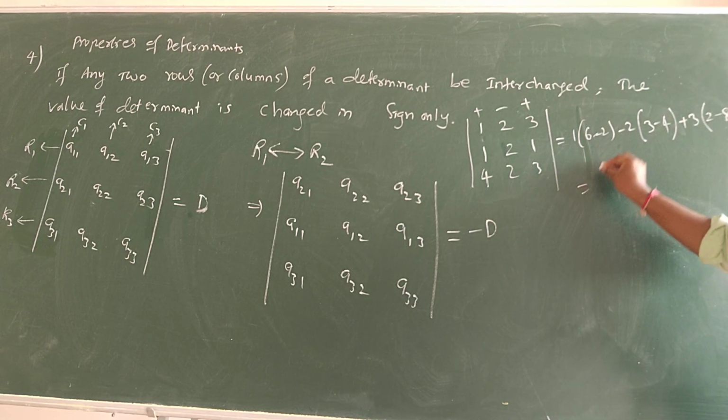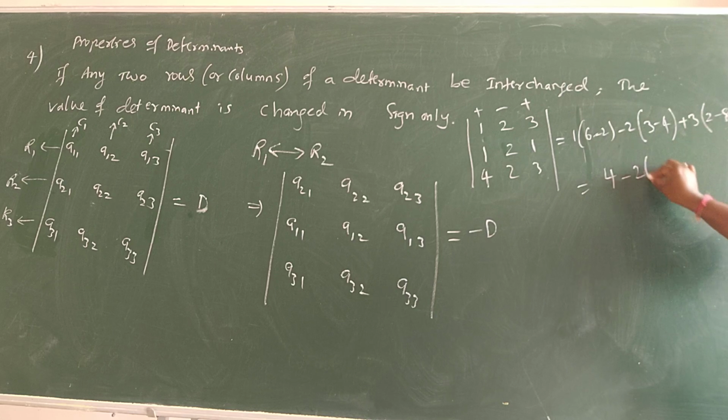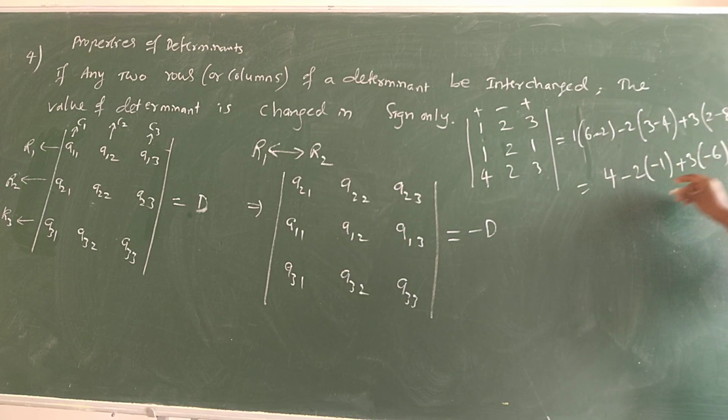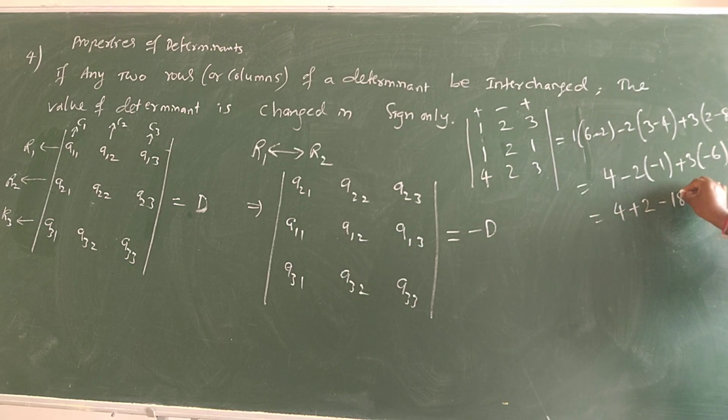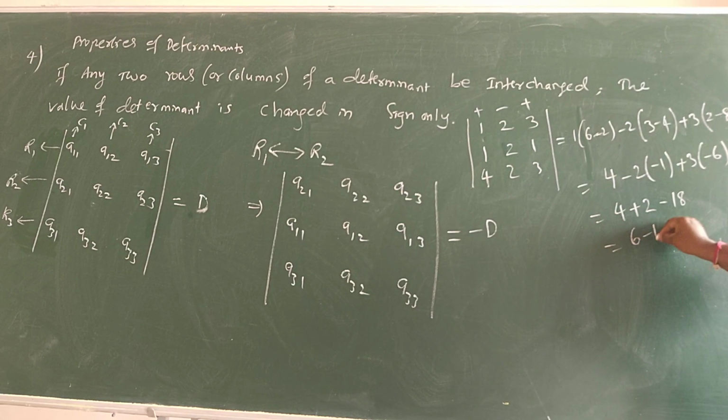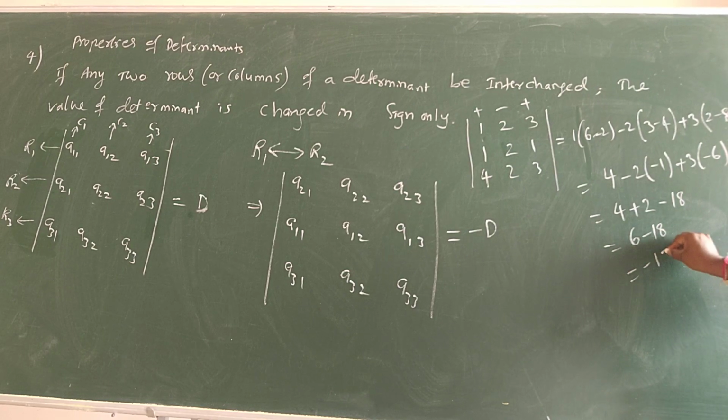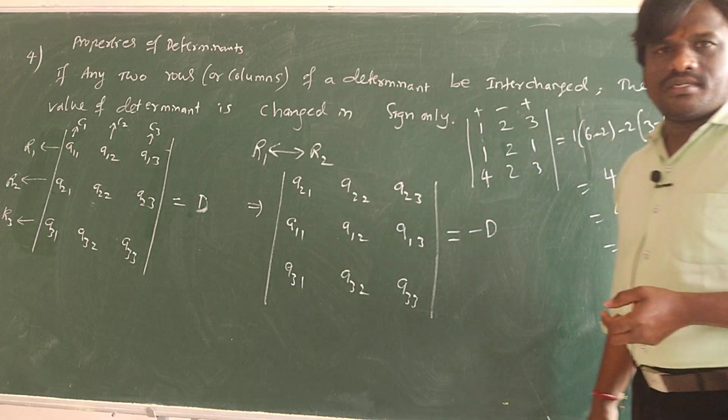So I get 4 minus 2 into minus 1 plus 3 into minus 6, that is 4 plus 2 minus 18. So 6 minus 18 gives minus 12. That is the determinant.